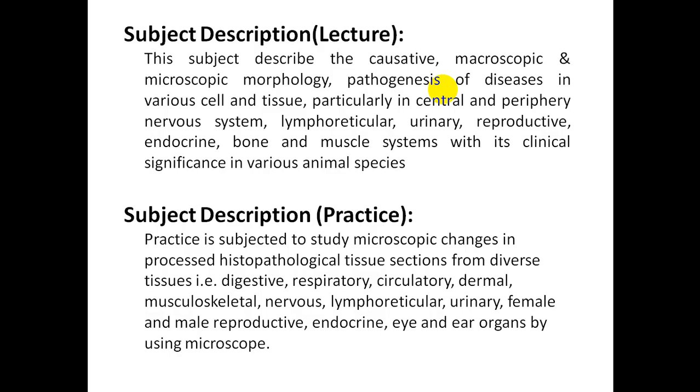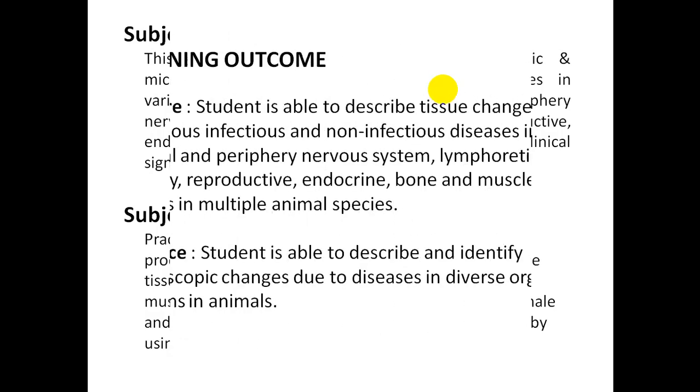In systemic pathology 2, you will also have practical sessions. In these practical sessions, you will learn microscopic changes in histopathological slides from all organ systems, including organ systems that you already learned in systemic pathology 1.